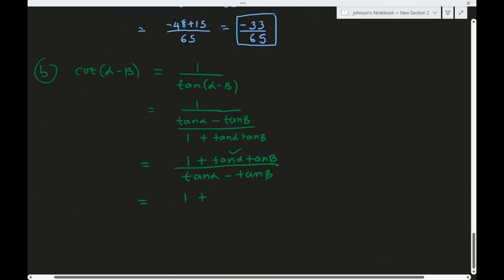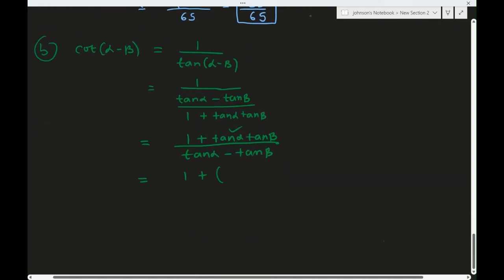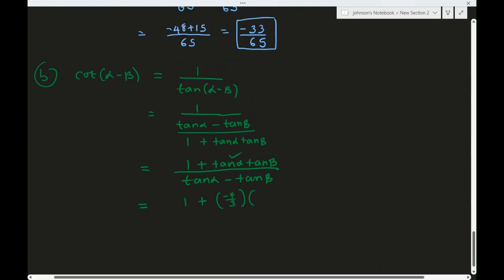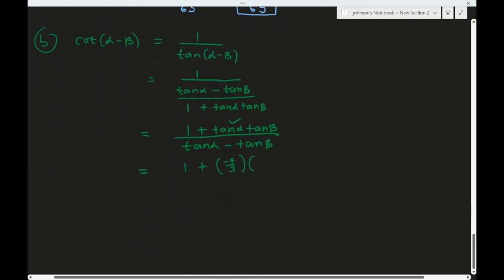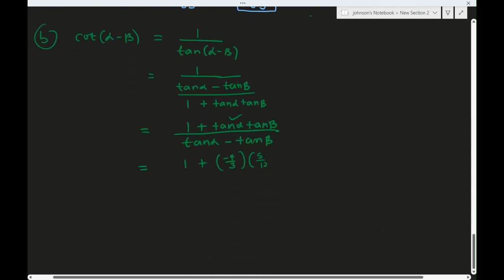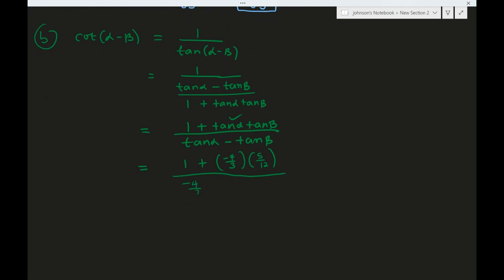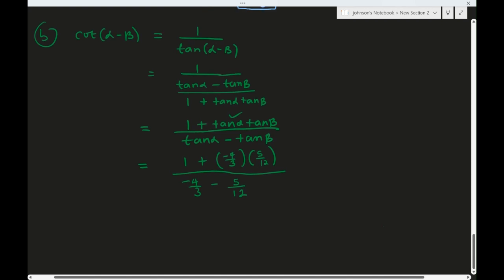Tan alpha is minus 4 over 3, multiplied by tan beta, which is 5 over 12. And here we repeat the same thing: minus 4 over 3, then minus 5 over 12.